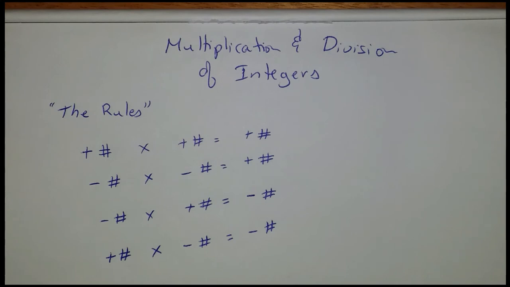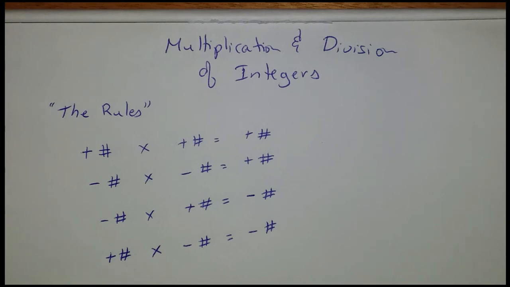Now, why did I choose to do multiplication and division of integers together? Because for the signs, what happens to multiplication will happen the same thing for division. So this is what I'm saying.